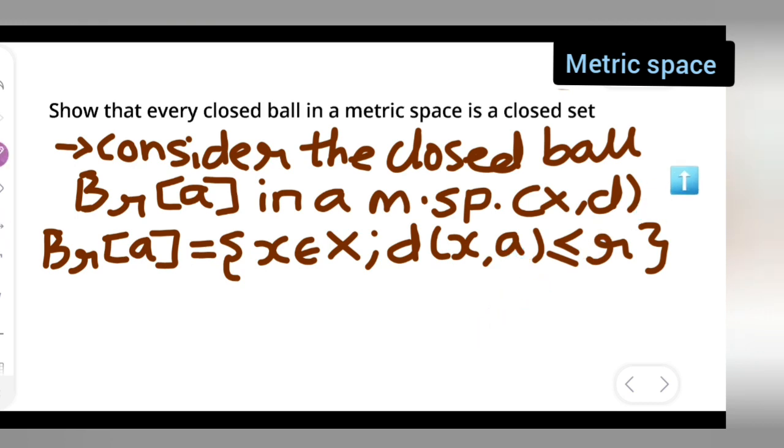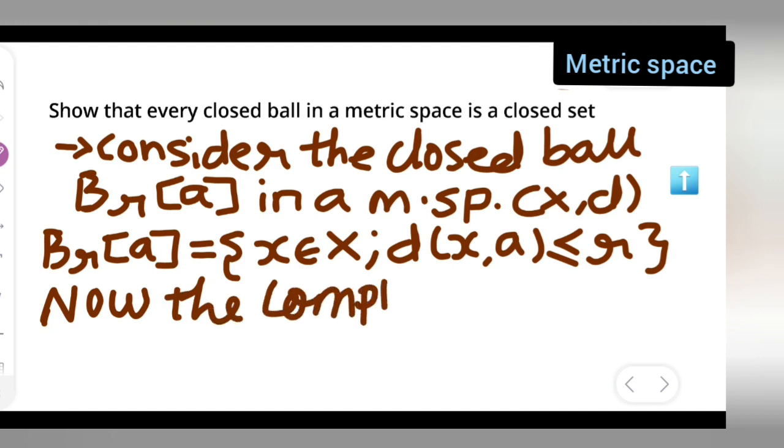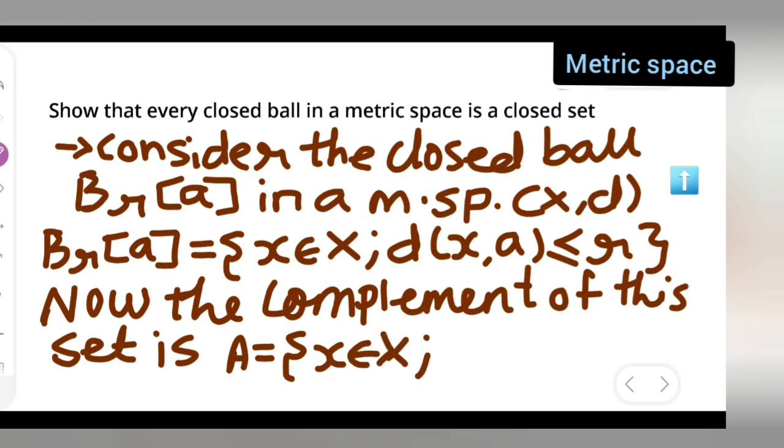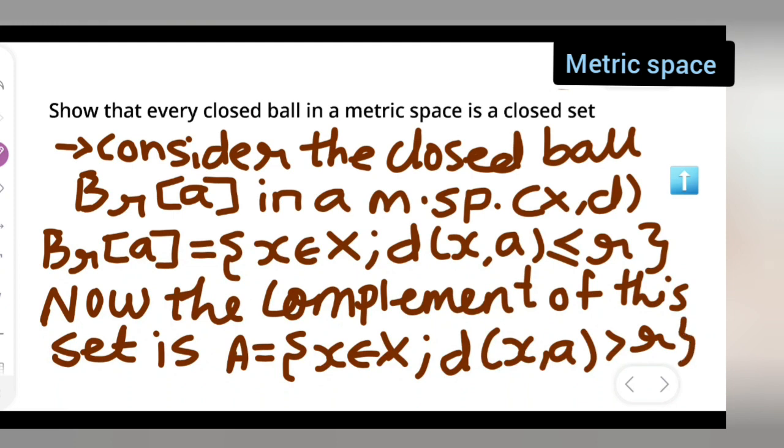Next, write down the complement of this set. The complement of the given set is A equals, open the brackets, x belongs to capital X such that the distance between x and a is greater than R. Close the bracket.